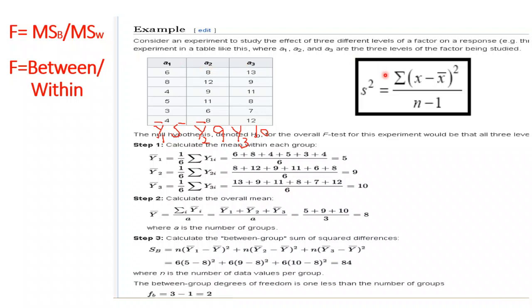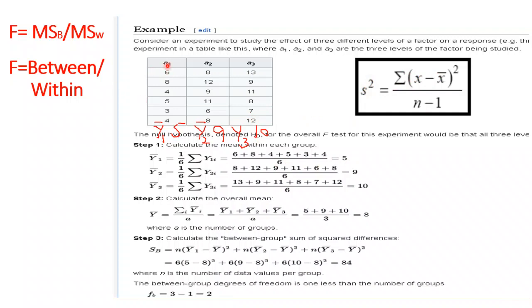How do we measure the mean squares? This is the formula for calculating. It is the same formula we use for calculating the variance: s squared equals the summation of x minus x bar squared divided by sample size minus 1.